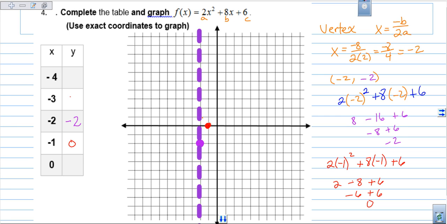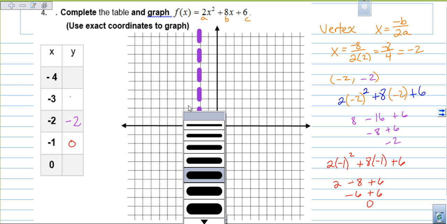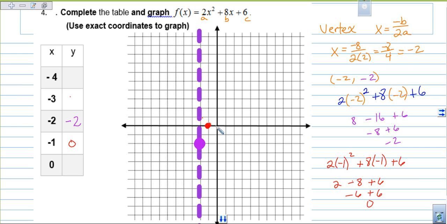The reason you want to draw that is because wherever your axis of symmetry is, when you make a dot on one side, it's going to be exactly the same on the other. So if you go one space to the right, make a dot, then you go one space to the left and make a dot, which would be the point negative 3, 0.